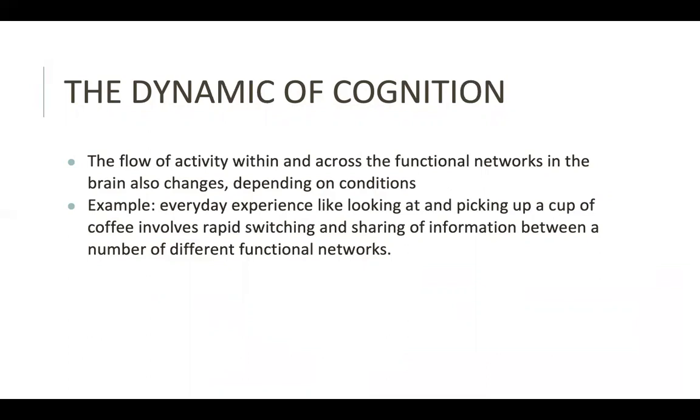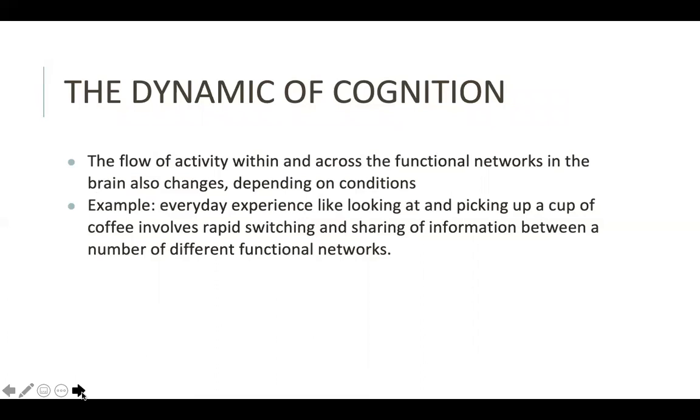Then, as the person perceives the various qualities of the cup, it activates the visual network in different ways. Meanwhile, the attention network may also be activated as the person focuses attention on the cup, and then the motor network becomes activated as the person reaches to pick up the cup, grabs it, and lifts it to drink. This illustrates how dynamic our cognition is, requiring different neural networks in our brain.